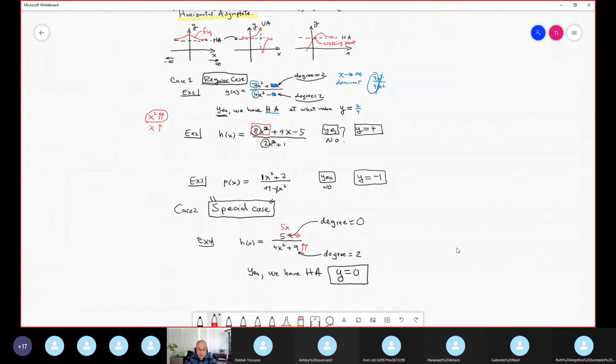And special, when the degree of the denominator is bigger. If the degree of the numerator is bigger than the denominator, it is the opposite situation, so we have no horizontals. We have another thing we will study in a few minutes. Let's see one complete example of this. Any question? Everyone follow me? Clear? Confusing?